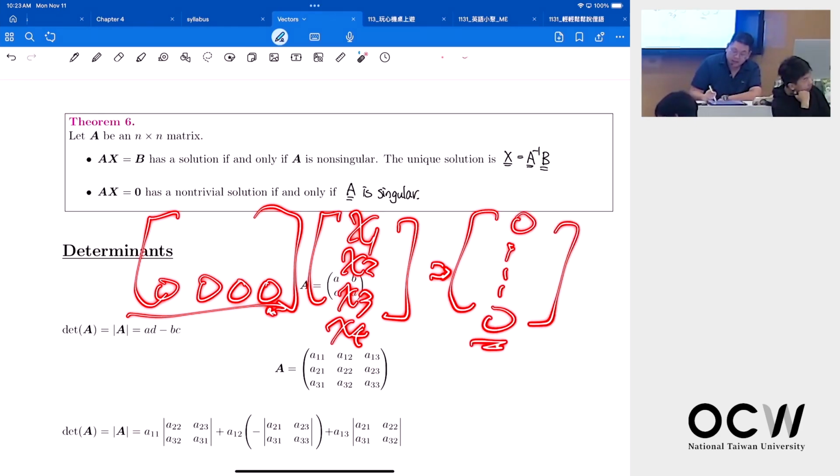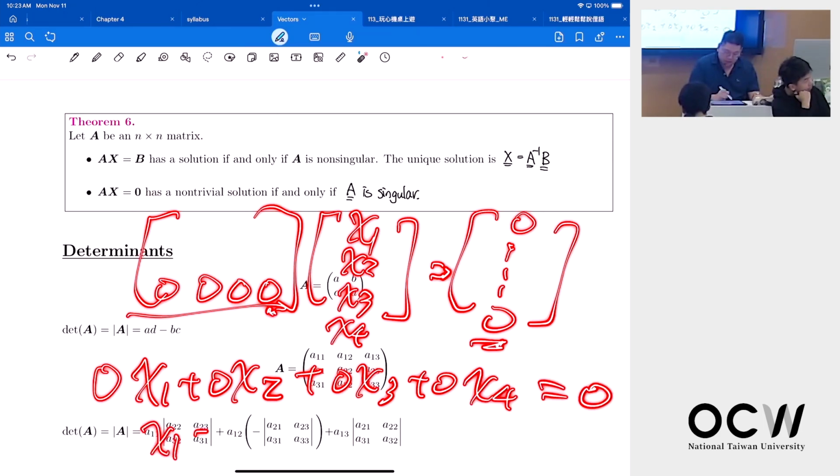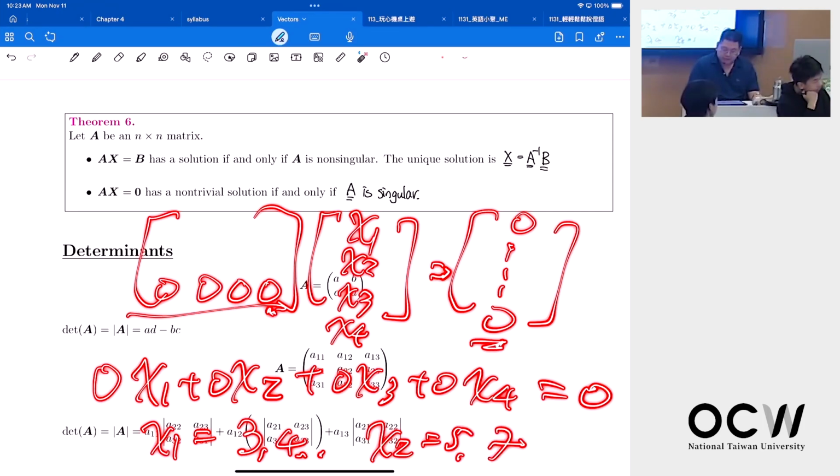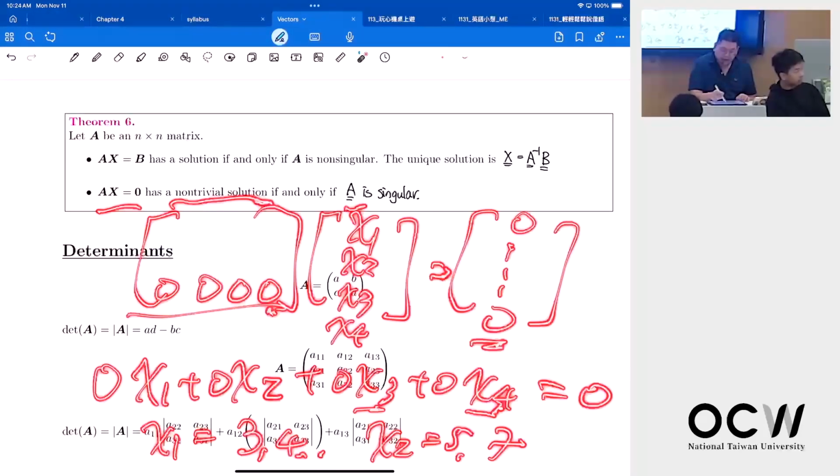Then my x is not just 0, right? Because 0x1 plus 0x2 plus 0x3 plus 0x4 equals 0. x1 could be 3, 4, whatever. x2 could be 5, 7. x3, x4 could be non-zero. Then I have a non-trivial solution. Okay, so in this case, my A is singular.